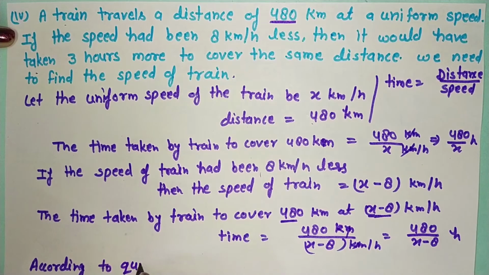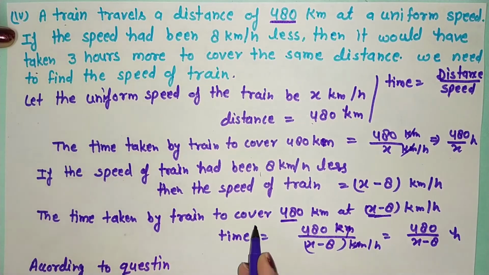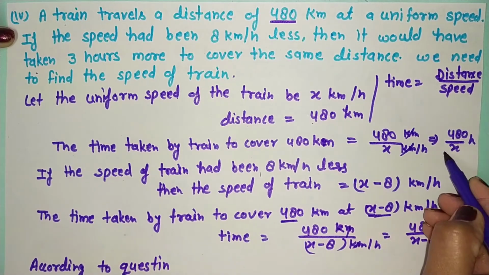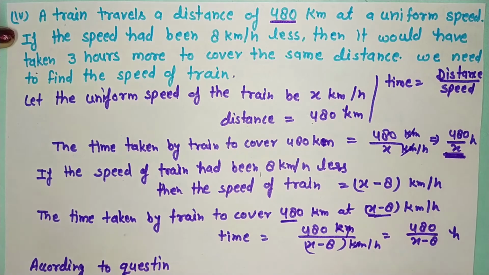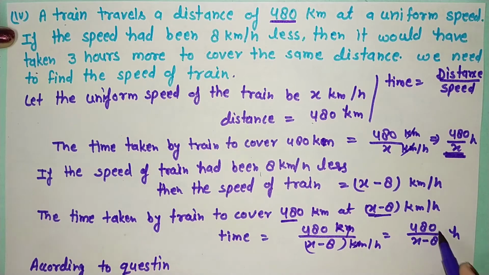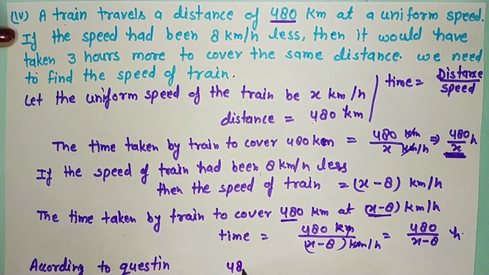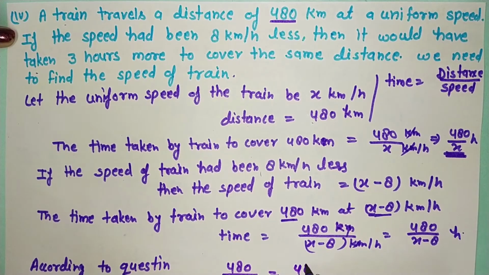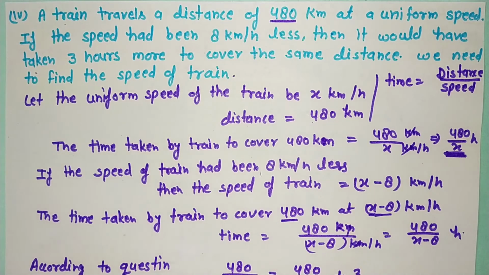According to the question, this time is 3 hours more than the earlier time, or we can say 480 upon x minus 8 is equal to 480 upon x plus 3. Now we solve this equation.